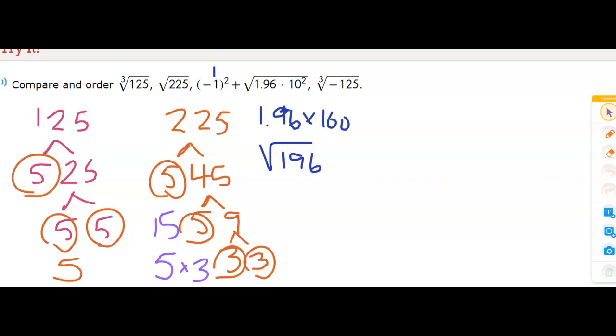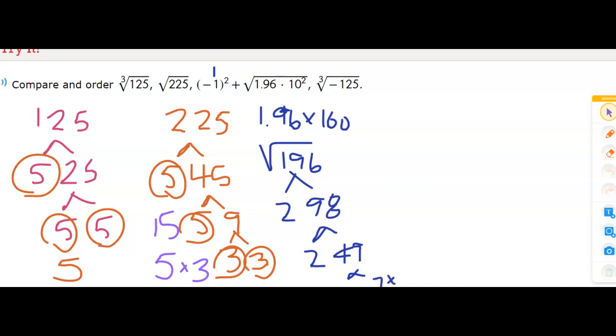And so we will find the factors of 196. So let's see, we'll use 2. So 2 times 98, and then 98 is 2 times 49, and then 7 times 7 is 49.